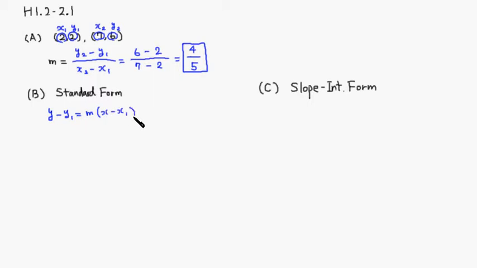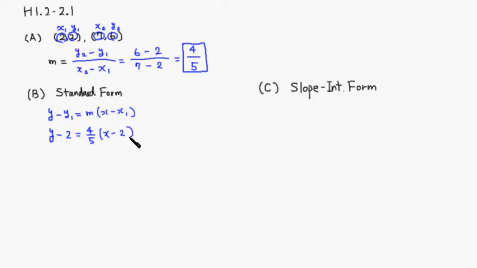So just plug those numbers in. y minus y1 is 2, and we just found m to be 4/5. Then you have x minus x1 is 2.